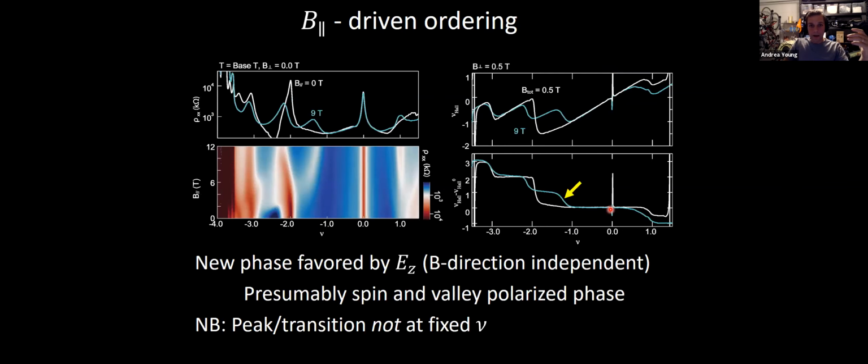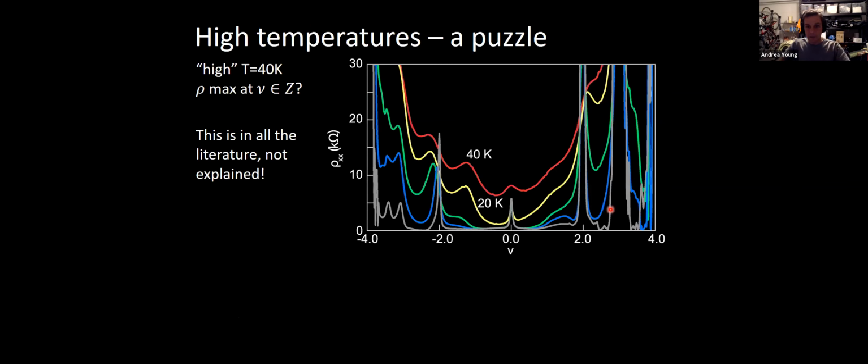Okay, but let me show you the experimental mystery here before I tell you a little bit more. The puzzle is that even in all of these samples, if you heat the sample up enough, you will find oscillations that appear to be commensurate with the superlattice at nu equals minus 1, minus 2, minus 3.